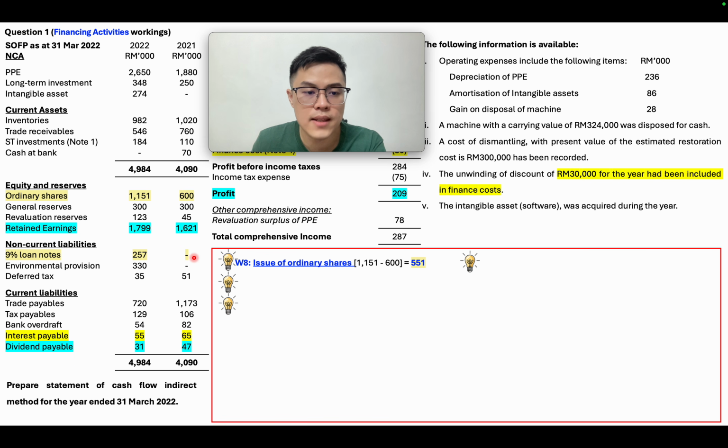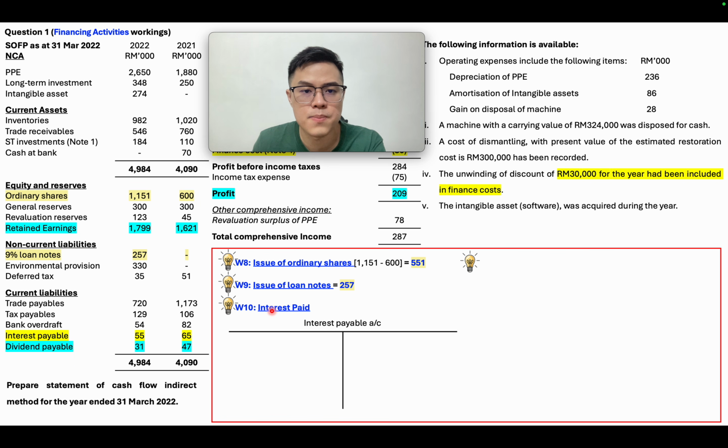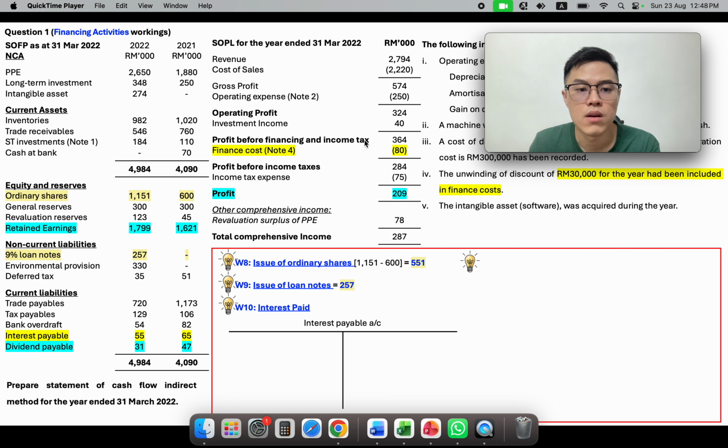Loan notes from nothing to 257, meaning to say you borrowed money from the bank by 257. And we need to find our interest paid. We will need to use our T account to find it out. Again, finance cost over note number 4, they say there's an unwinding discount 30,000 being included in the finance cost.